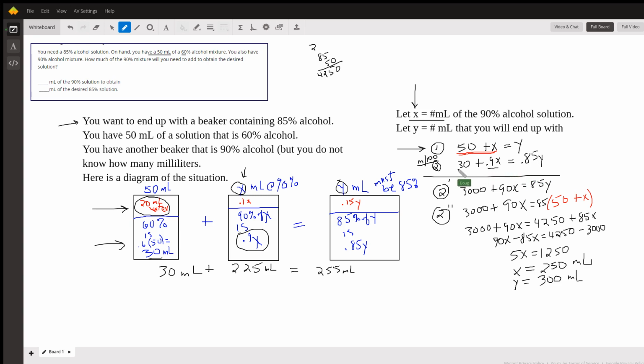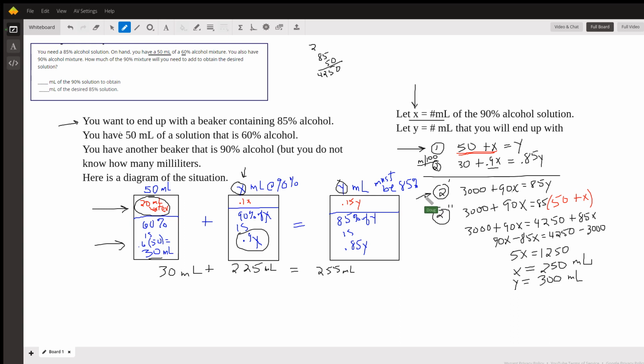So every term multiplied by 100 leaves this. 30 times 100 is 3,000. 100 times 0.9 moves the decimal point over 2 places, so I got 90X. And 100 times 0.85Y is 85Y. Cool, I don't have any decimals.